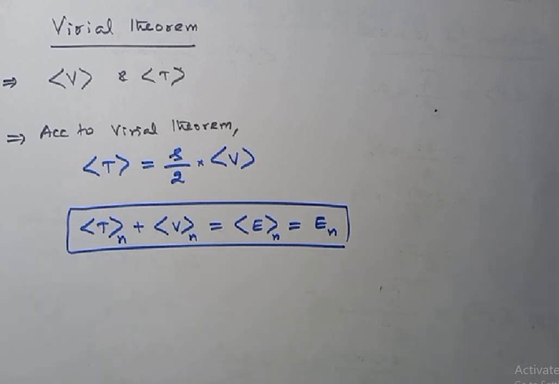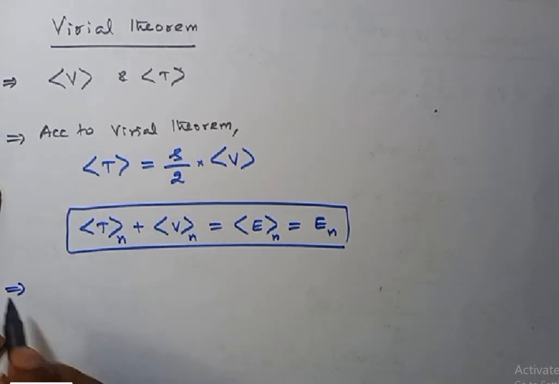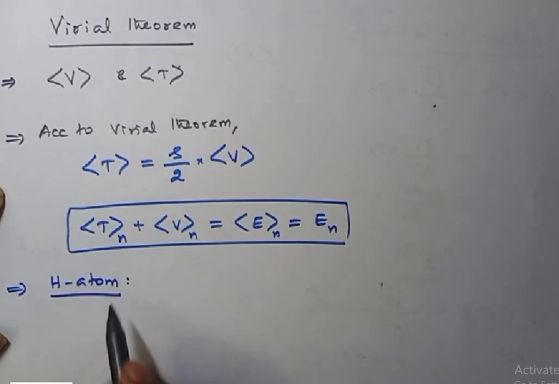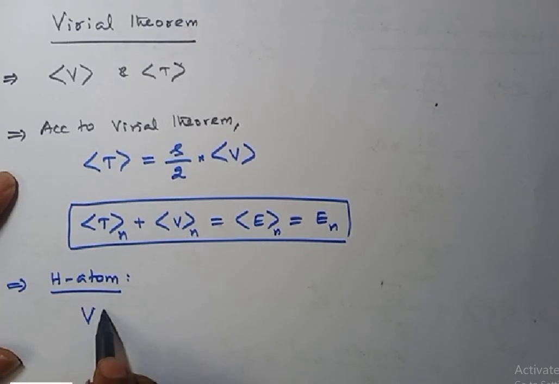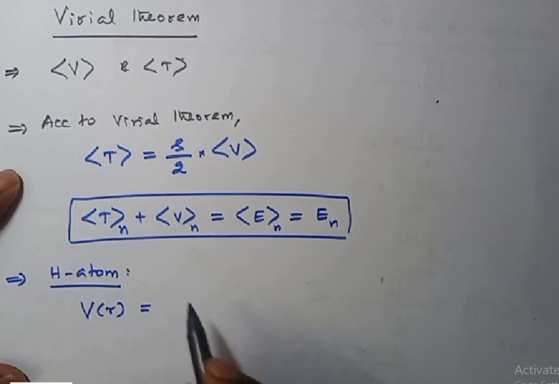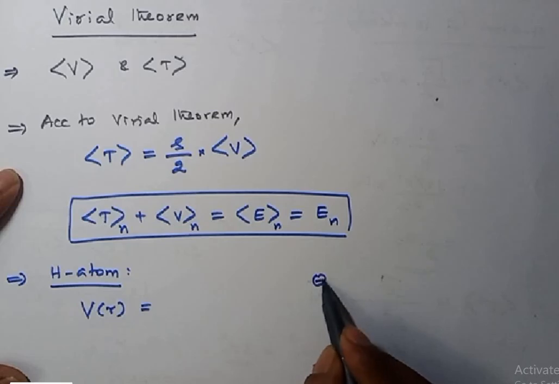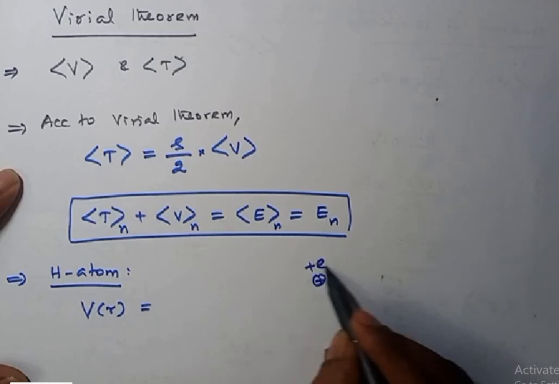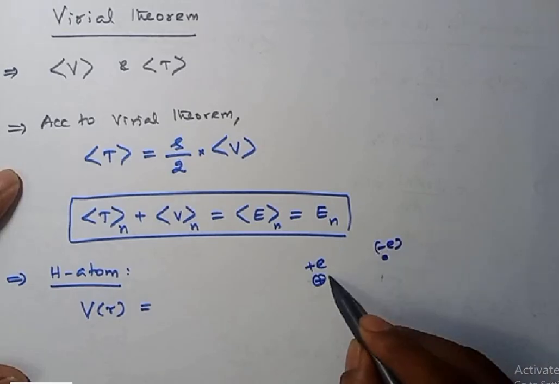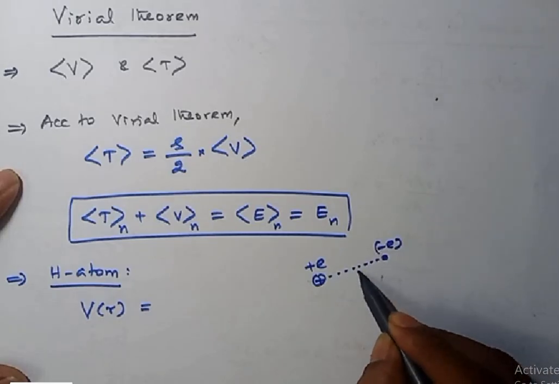Now listen carefully. In the case of the hydrogen atom, what is the formula for potential energy? Potential energy depends on the variable r. The nucleus charge is plus e, the electron charge is minus e, and the distance between the nucleus and the electron is r.